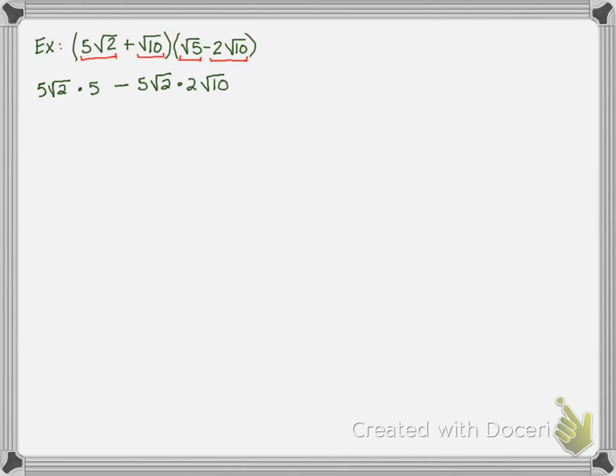Oh, this one's the square root of 5. Sorry about that. That's better. So we distributed 5 times the square root of 2 to both terms in the second polynomial. Now we'll distribute the square root of 10 to both terms in the second polynomial. So plus the square root of 10 times the square root of 5. And then positive times a negative will be a negative, and the square root of 10 times 2 square root 10.